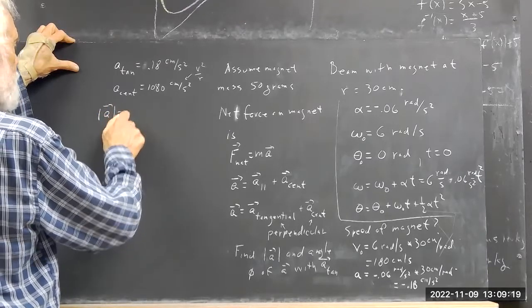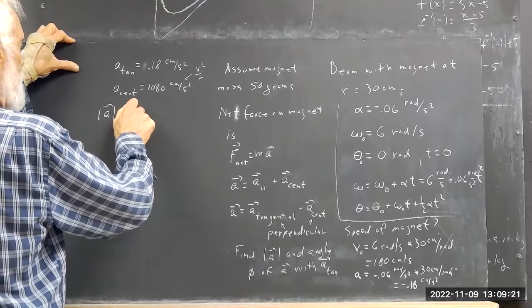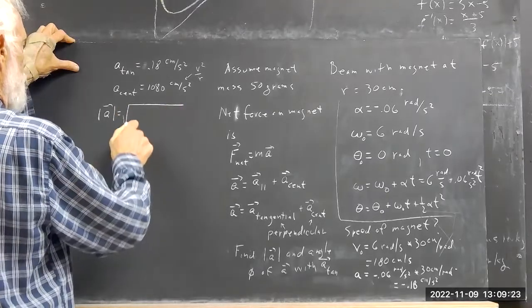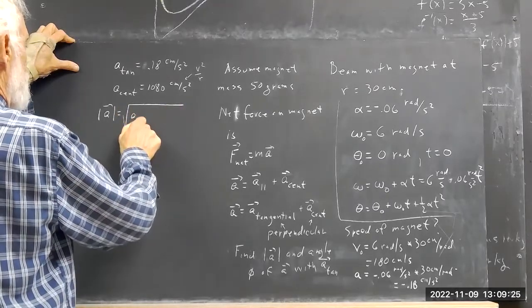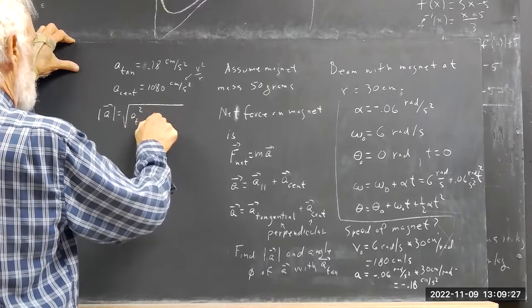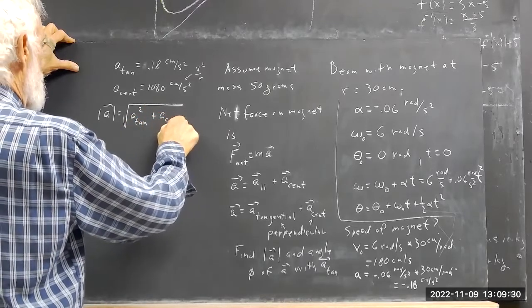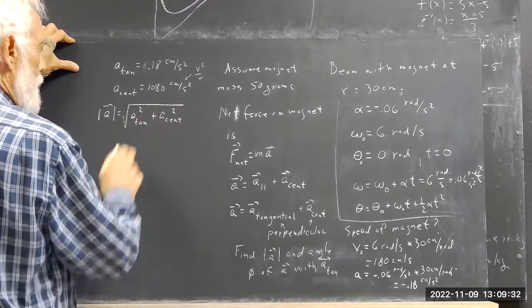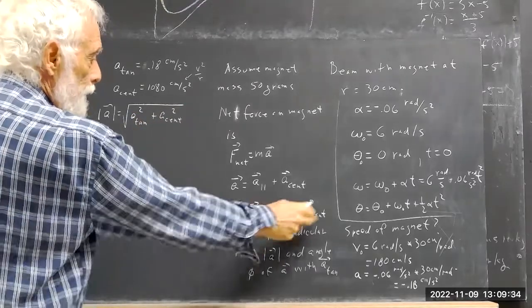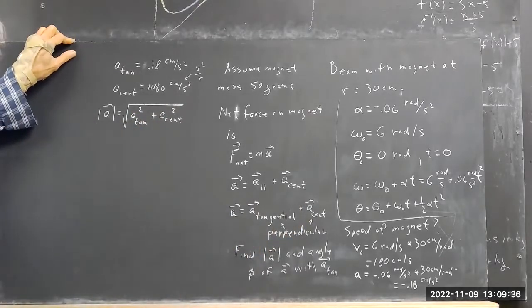The magnitude of A is the square root of the sum of these squares, because these things are perpendicular. The Pythagorean theorem applies.